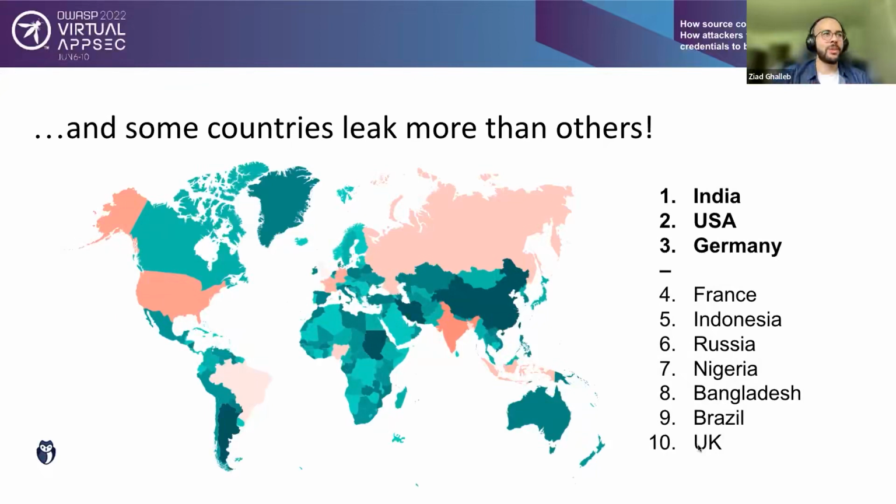Leading the charge is India, where lots of software development is happening in the world, the US, of course, and in Europe, Germany and France. But if we divide the number of secrets leaked by the number of developers and then by the total population in these countries, we see a constant ratio of secrets leaked per developer. So in terms of practices, all developers are equal, I would say.